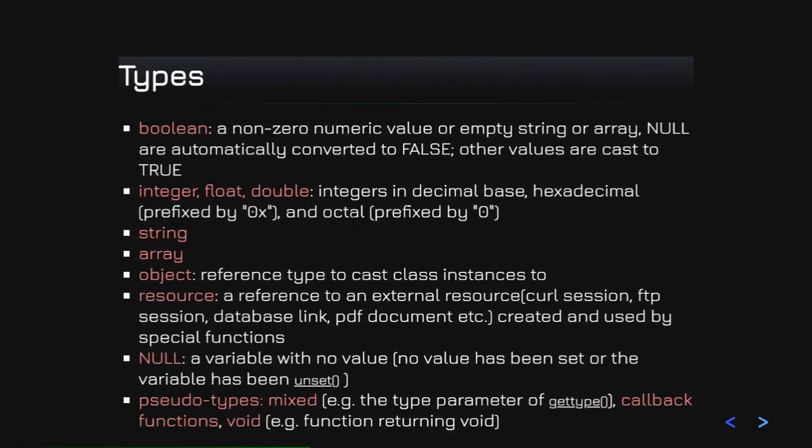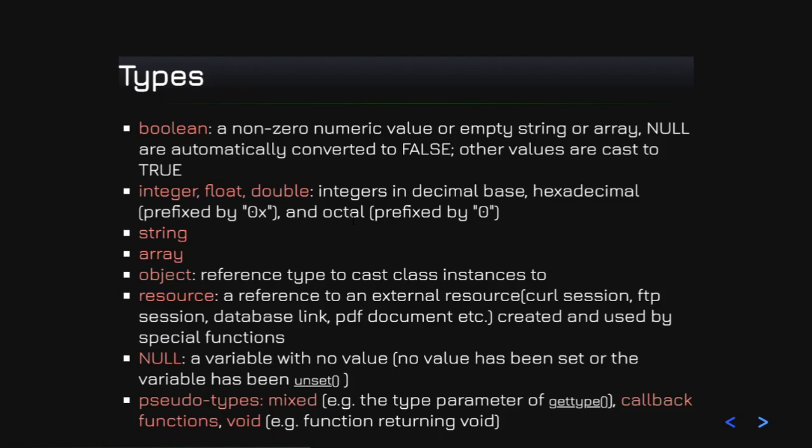The types of the PHP programming language are Boolean, true or false, but because of the automatic type conversion system, a zero numeric value or an empty string or an empty array will be automatically converted to false. Null is also automatically converted to false, and other values are automatically converted to true in Boolean context.